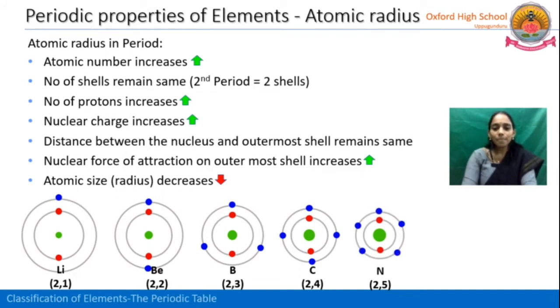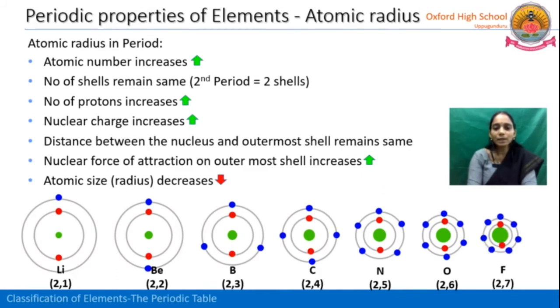See here how all the elements decrease in size. If we compare from the starting element lithium to oxygen, the number of protons increases gradually: lithium 3, beryllium 4, boron 5, carbon 6, nitrogen 7, oxygen 8.